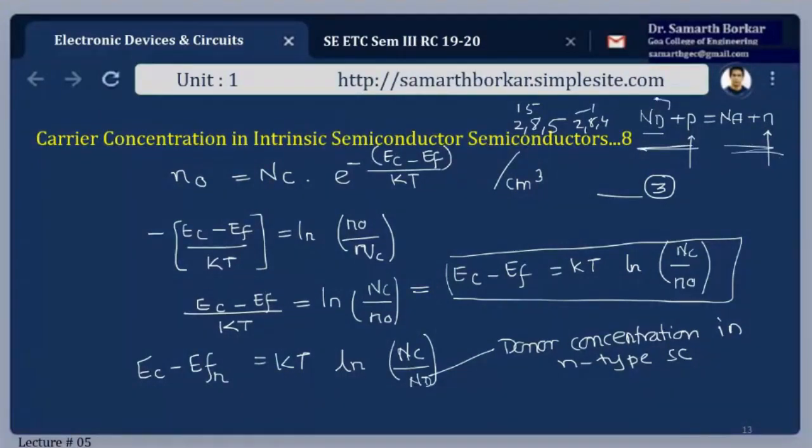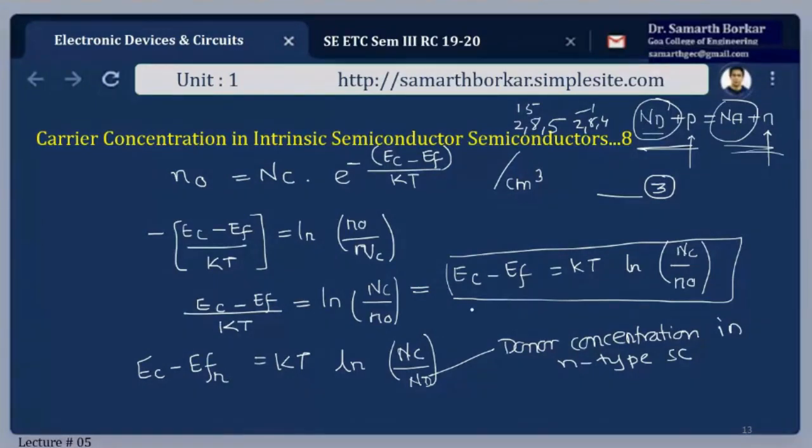Now these are the donors. If I'm doping with, say, 100 phosphorus atoms, I'm going to get 100 electrons, because each atom is going to contribute one excess electron. Fine. So I can write this n0 as ND. This is the all-important equation.